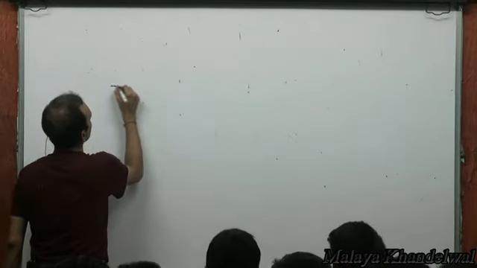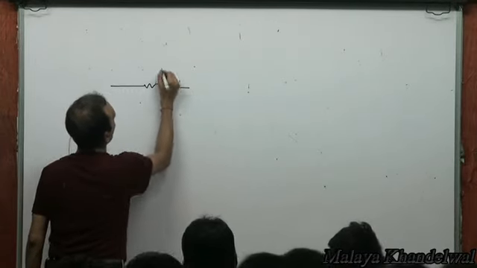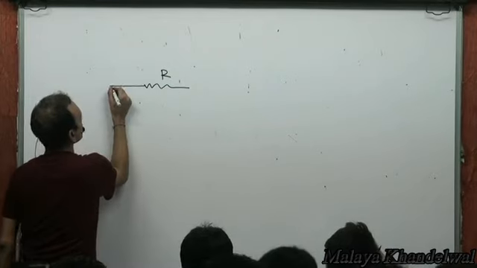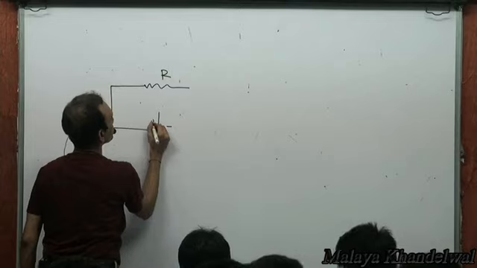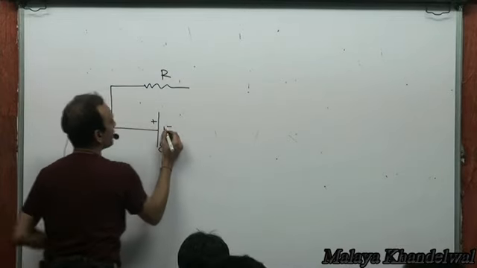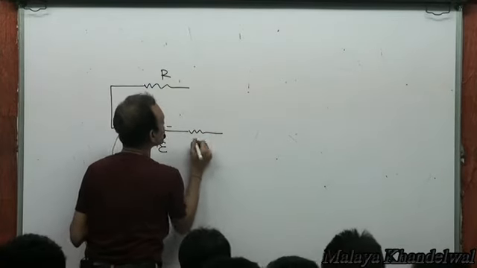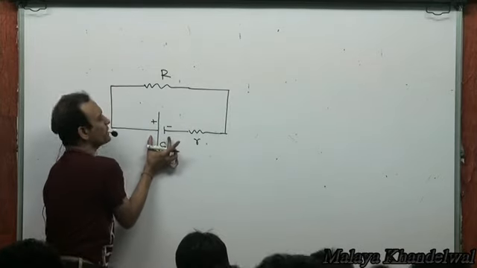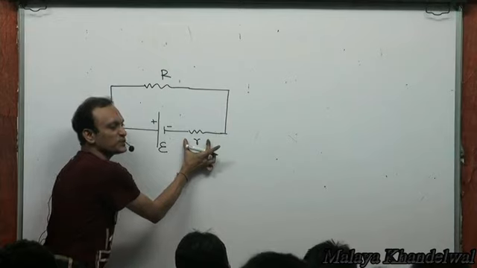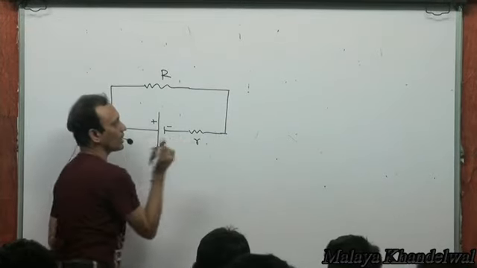Now, say there is a load R and it's connected to a battery with EMF epsilon and with small r as the internal resistance. So the battery could be replaced by an ideal battery in series with an internal resistance small r.